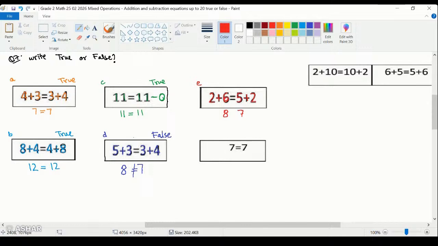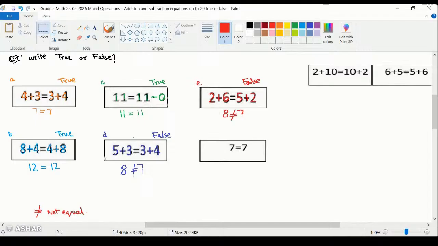They are both different numbers, right? Agreed? If they are different numbers, that means they are not equal. This sign means not equal. So we can say this is a false statement.